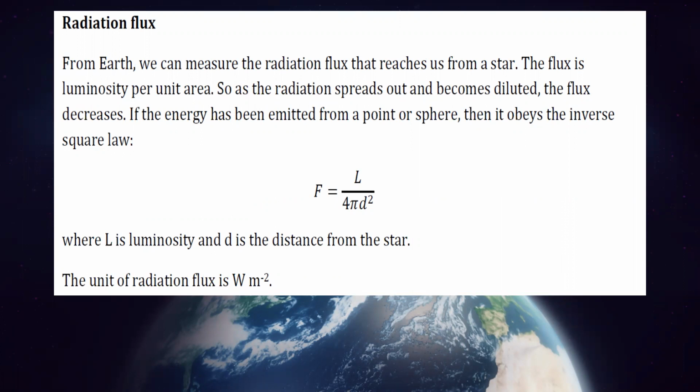What is the meaning of radiation flux or radiation intensity? It means how much energy is coming on unit area in 1 second. So radiation flux is equal to how much energy is coming on unit area in 1 second.